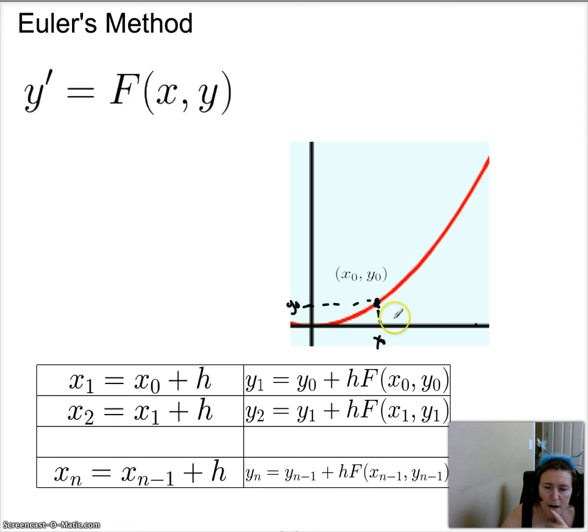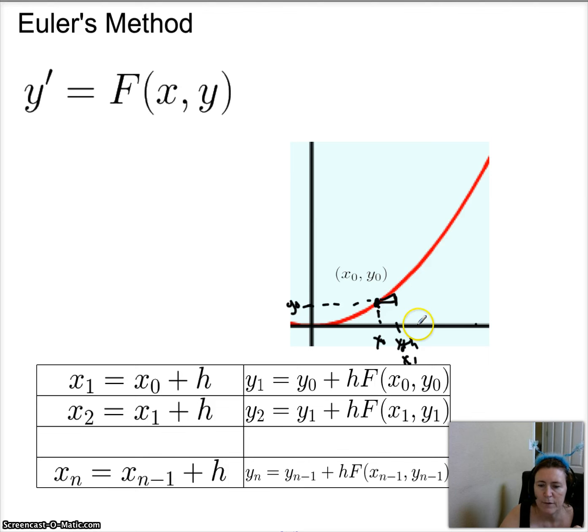So if I inch over to x naught plus h, and I call this x1, then what is my y value going to be? My y value at this point, and it's not necessarily on the curve, is going to be y naught plus h times the slope of this curve.